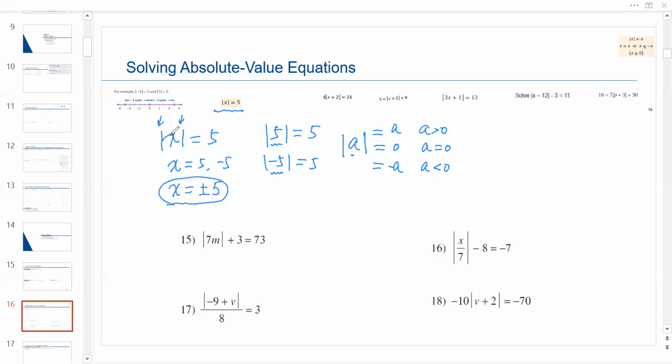What do we often use absolute value for? We use it for description. When we describe x on the number line, here is 0, 1, 2, 3, and negative 1, negative 2, negative 3, right? Absolute value is used to describe distance, something like 3 to 0.